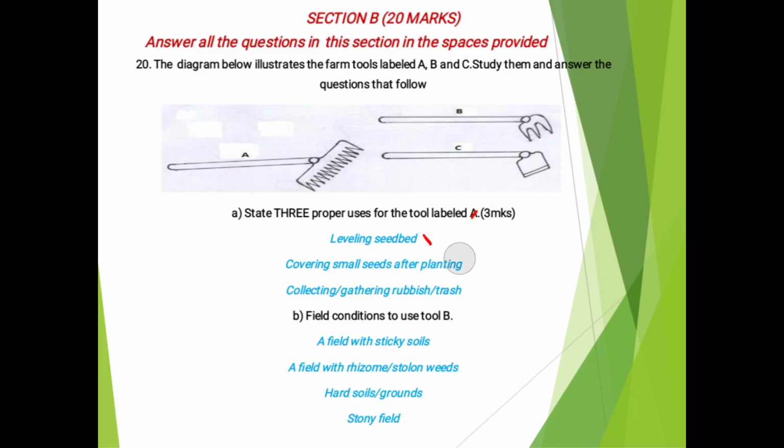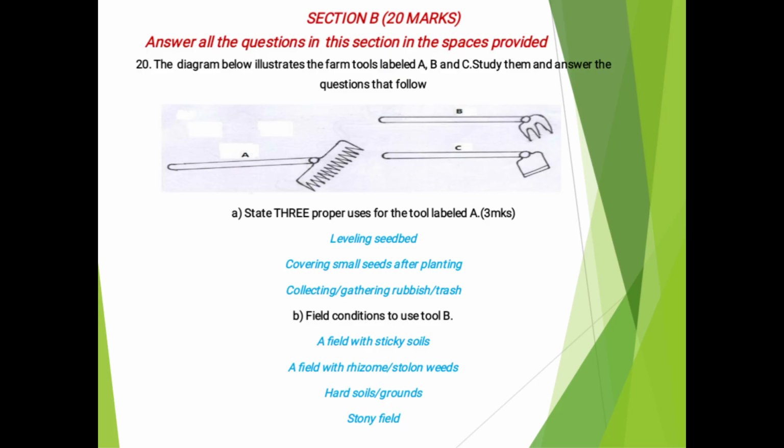Okay, part B. Field condition to use tool B. What are some of the field conditions that will make it necessary for you to use a fork jembe? Number 1, the field should be having sticky soils. That is a qualification. And then the field must be having some rhizome or stolon weeds.